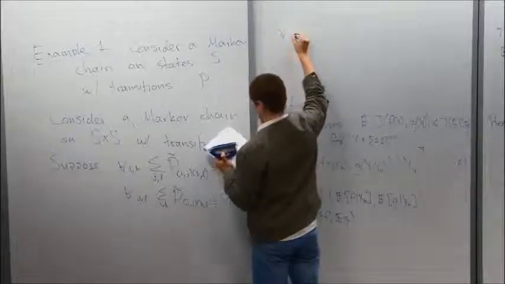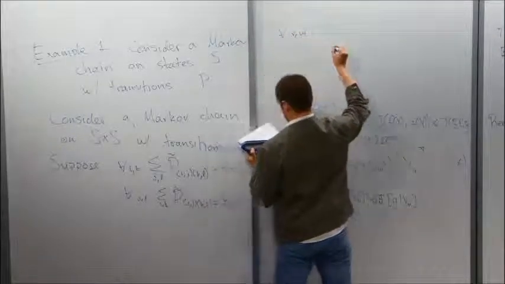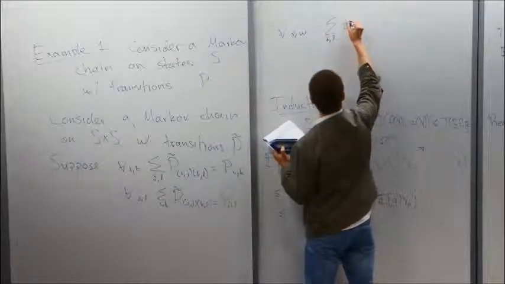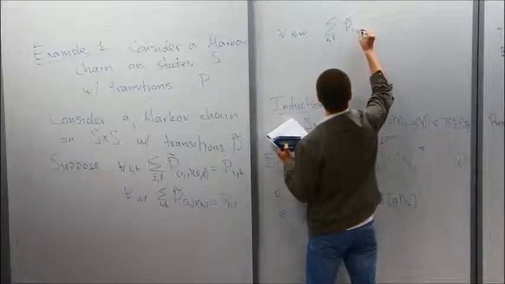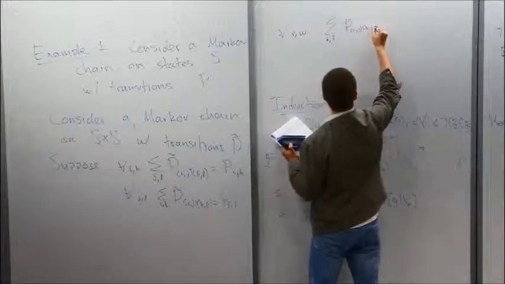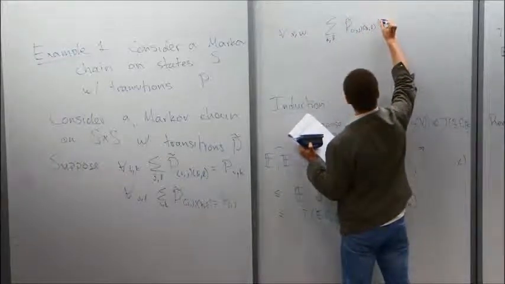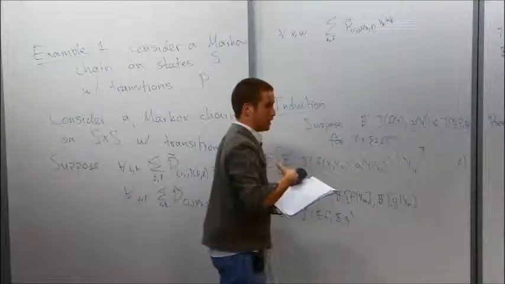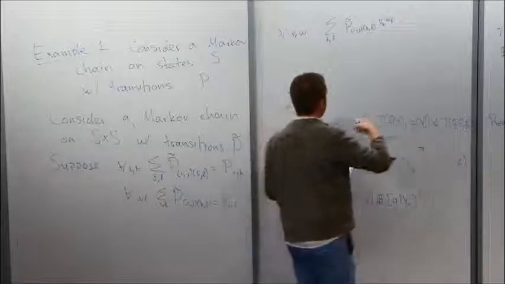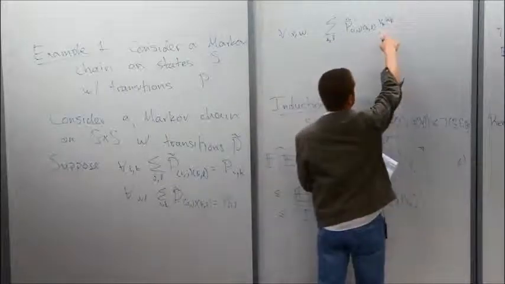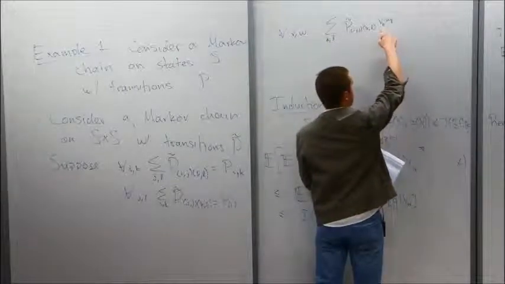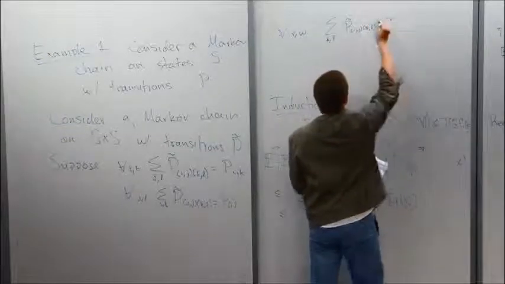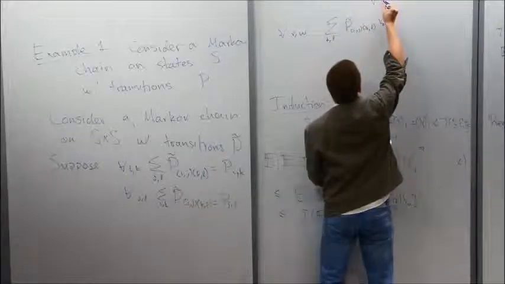For all v, w, the sum of p ij kl, v k, w l. So what I'm saying is I'm starting at position ij, and I'm looking at, I guess this is a function of the next state in one.